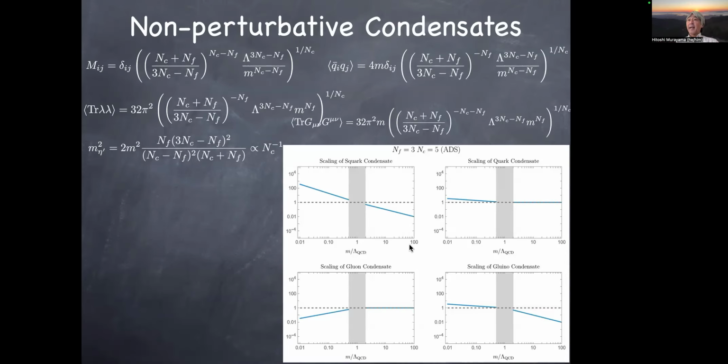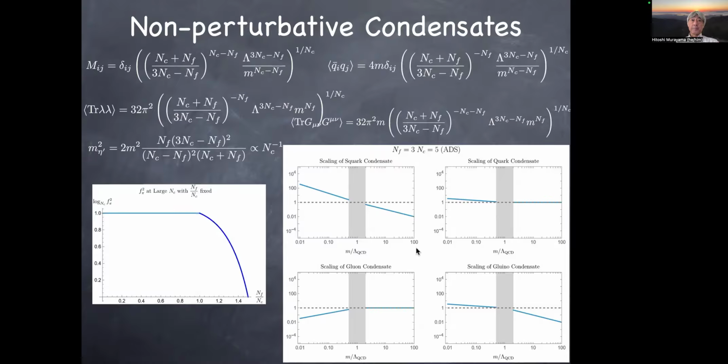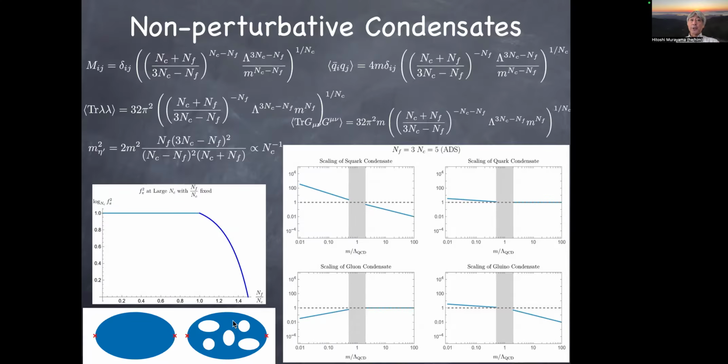So once again, I take this as evidence that the small SUSY breaking and large SUSY breaking are crossover, connected continuously without phase transition. And you can even study the behavior of f pi squared when nf is also as large as nc, which corresponds to these diagrams, which are not captured in the large NC limit. And that is actually a new prediction nobody was able to work out before.